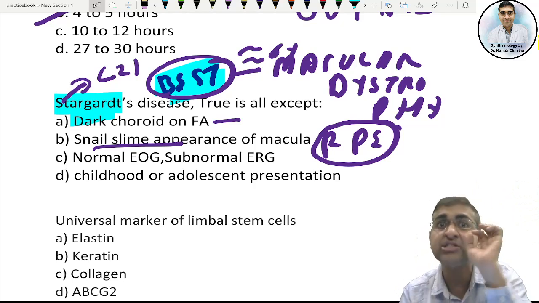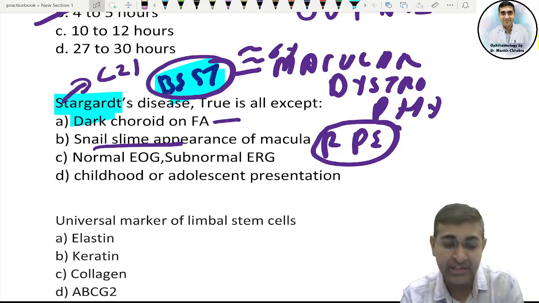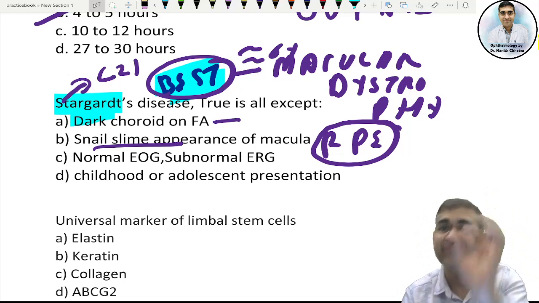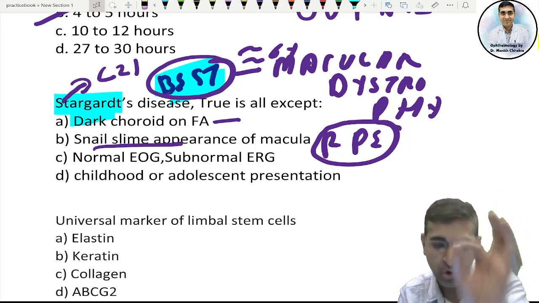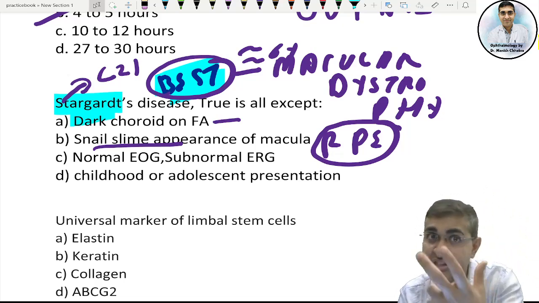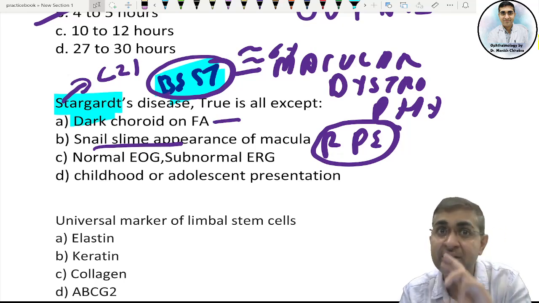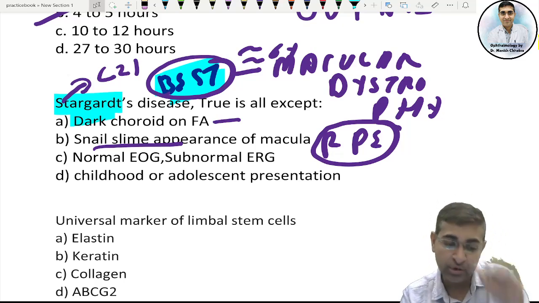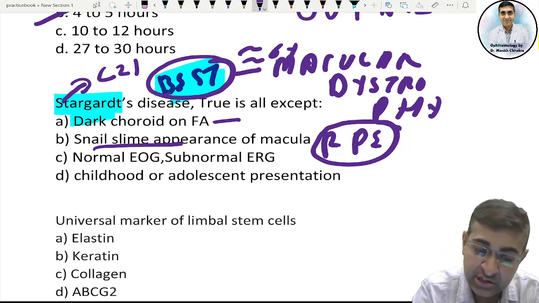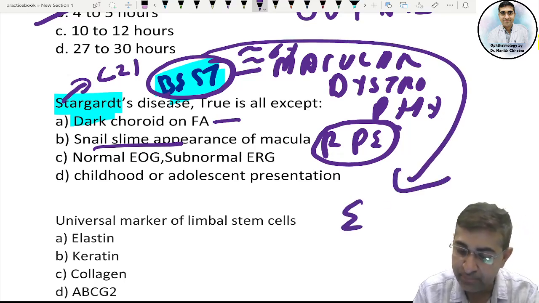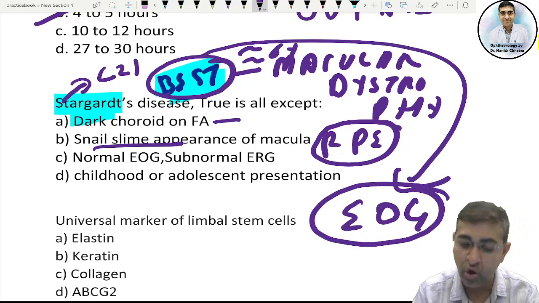In Best disease there is scrambled egg appearance, while in Stargardt disease there is early loss of visual acuity. In Best disease, signs are more than symptoms. In Stargardt disease, symptoms are more than signs. Yes, okay. In Best disease, there is one investigation which is abnormal, and that investigation, boys and girls, is electrooculogram.